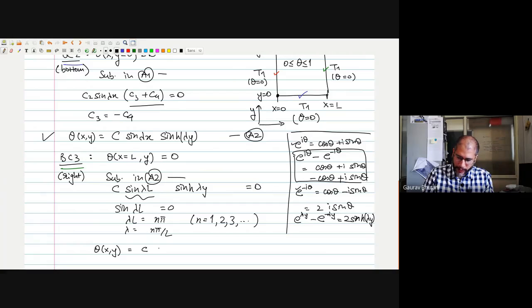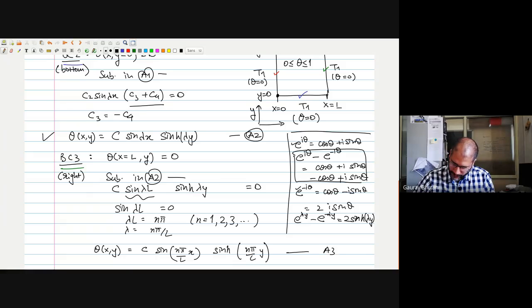All instances of lambda will be replaced by n pi by L. So this becomes sine of n pi by L times x, and then hyperbolic sine of lambda y, where lambda is n pi by L, times y. So this is my A3, the further updated expression for theta.